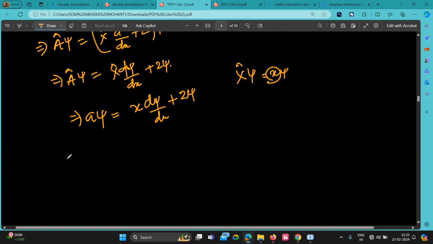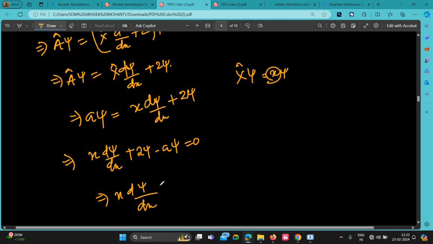Let me arrange it a bit. x d psi/dx plus 2 psi minus a psi is equal to 0. I just moved it to this side: x d psi/dx plus (2 minus a) psi is equal to 0.